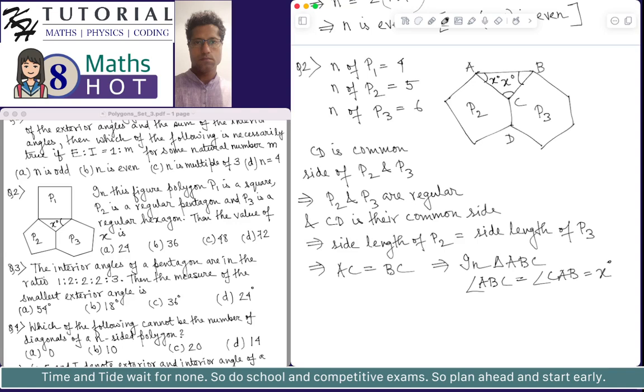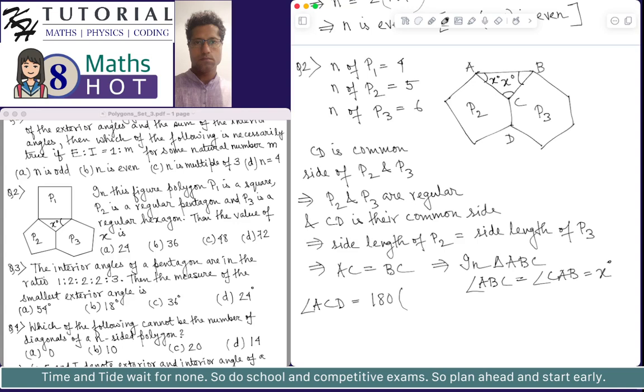Okay, for that, now let's see that since P2 is a regular polygon of side 5, we can say that angle ACD will be equal to an interior angle. ACD is an interior angle of the regular pentagon P2. We know the formula that each interior angle of a regular n-sided polygon is 180 times (n minus 2) divided by n.